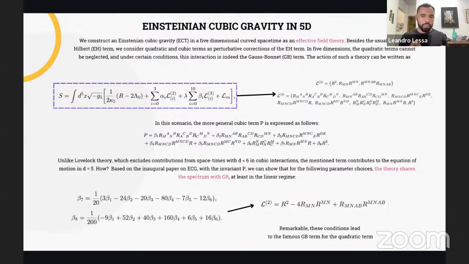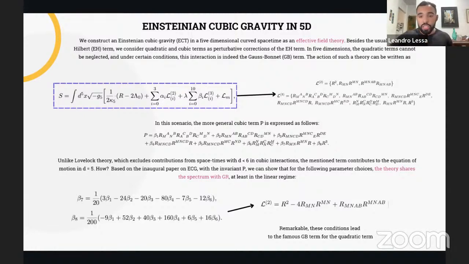This point is important, because with this approach, like an effective field theory, you can avoid some problems common in this kind of high curvature theory, like unitarity problems and pathological degrees of freedom.